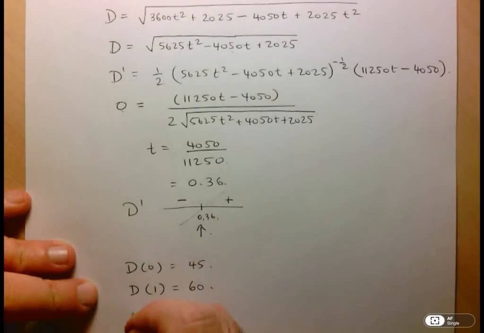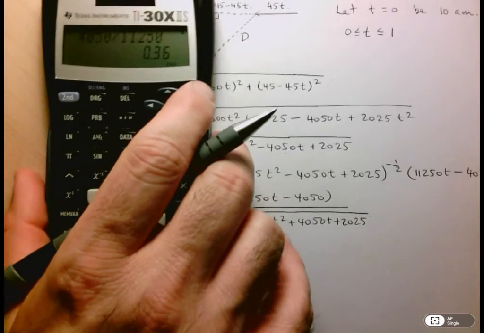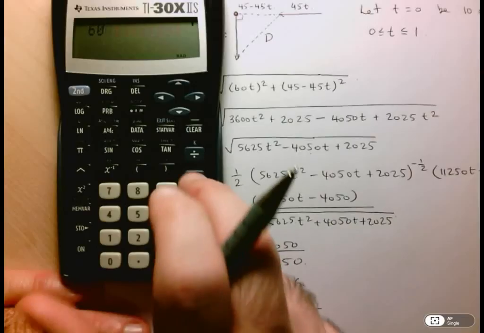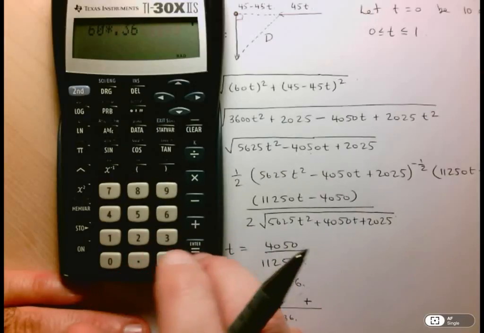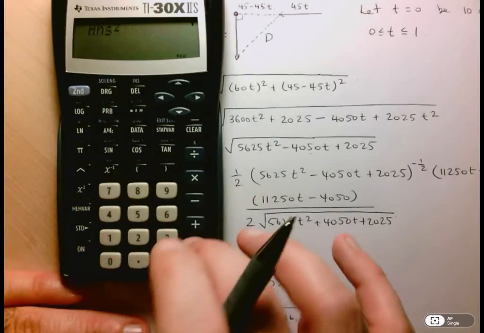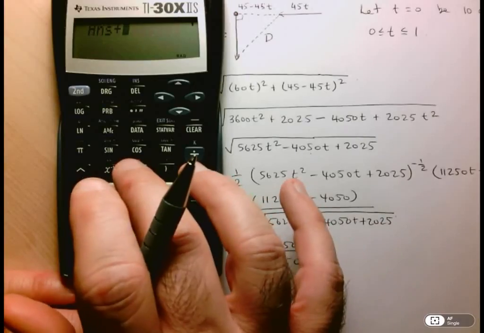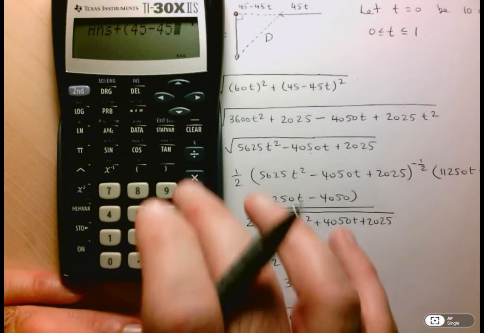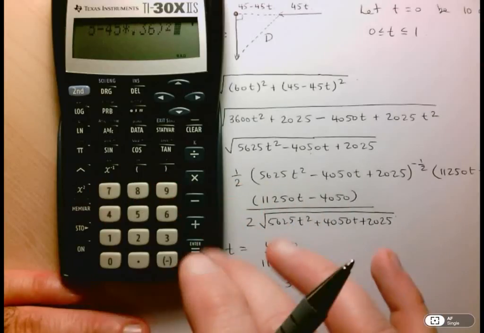And now if we take d at 0.36, let's calculate that here. So we've got 60 times 0.36, and square that, plus, let's put this whole thing in brackets, 45 minus 45 times 0.36, squared.